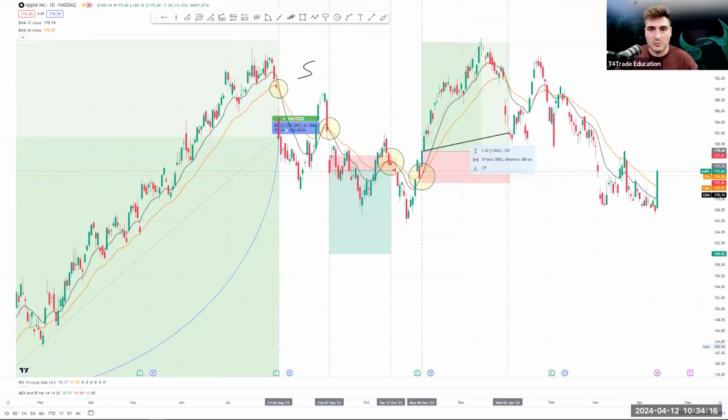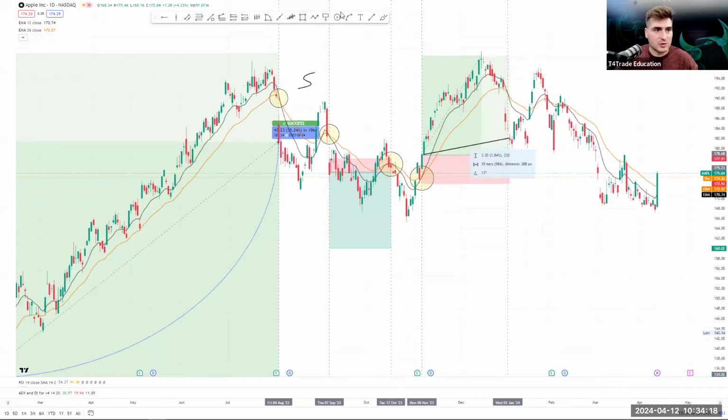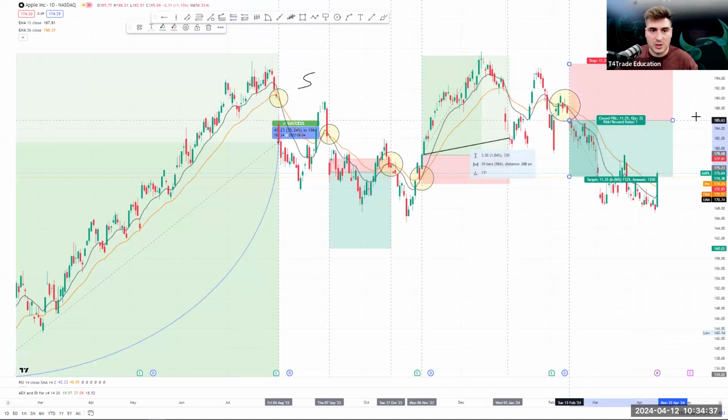Okay, so let's move on to the next. Let's assume that we use this point right here as our signal for going short, because we see the short-term moving average crossing below the long-term moving average. Short position here, best available entry after we saw this clear breakout, this clear crossover.